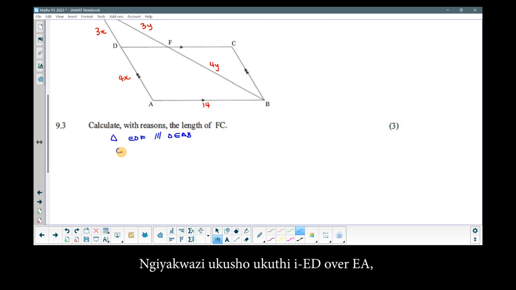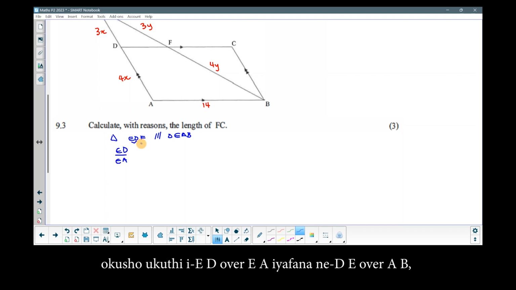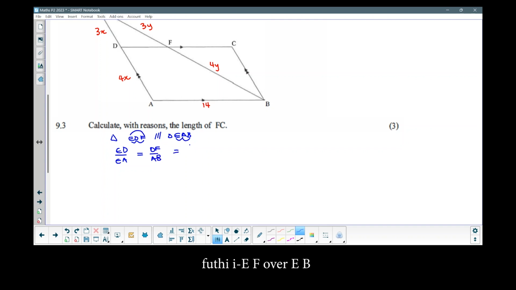I can say that ED over EA is equal to DF over AB, and then EF over EB is the last ratio.